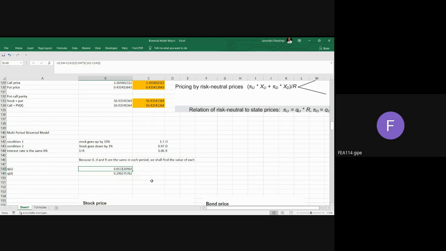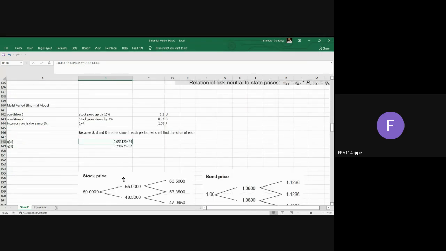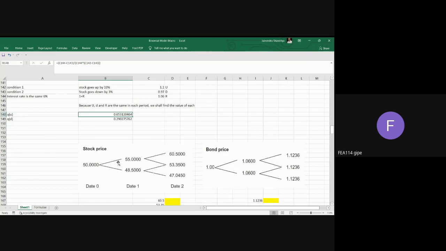I'm not going to solve them again, because as you know, they can be easily solved with the help of the formulas you learned: (R minus D) upon R into (U minus D), and (U minus R) upon R into (U minus D). These are the two formulas that you will be using. I have also written them in the formula section. I will be sharing it afterwards, because there are some additions which you need to know. So I'll share it after it is done.